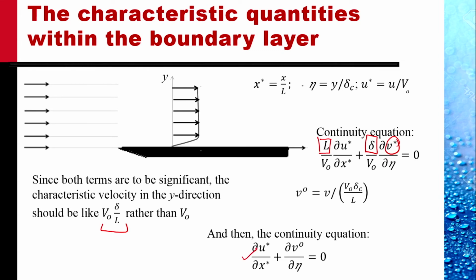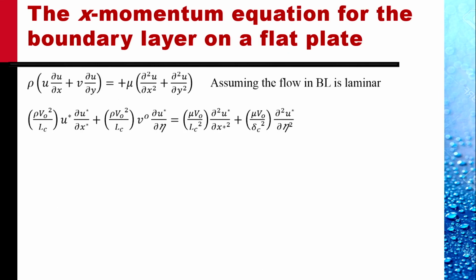So the characteristic velocity in the y direction is not V naught, but V naught delta by L, much smaller. Let me remind you that delta is as yet unknown. And we normalize the momentum equation by the same definition of normalized variables, then this is the equation that we get.